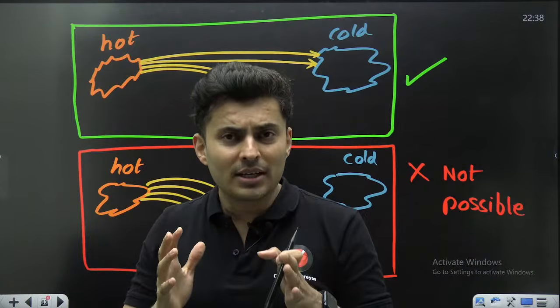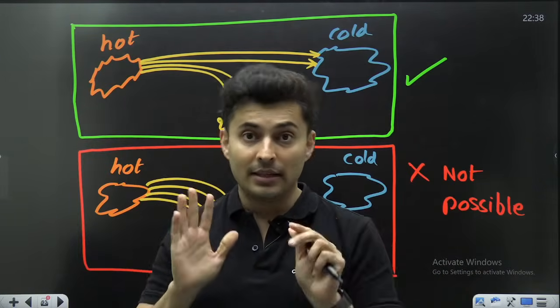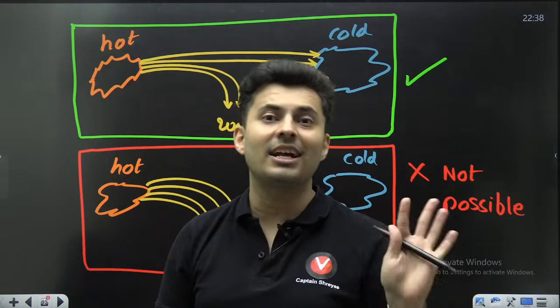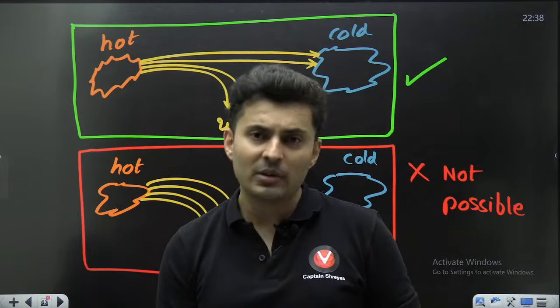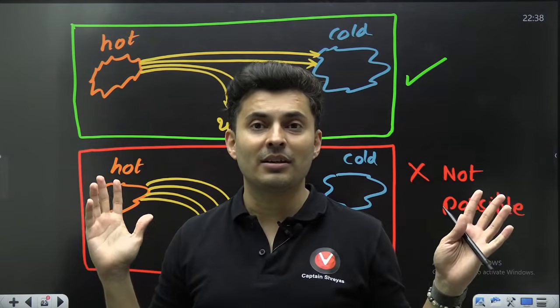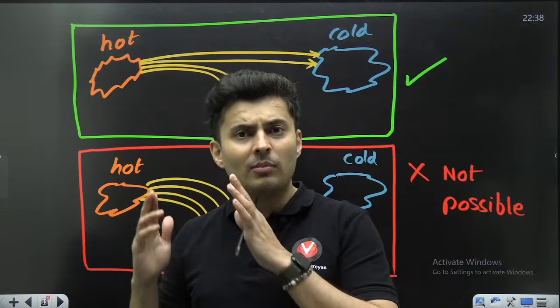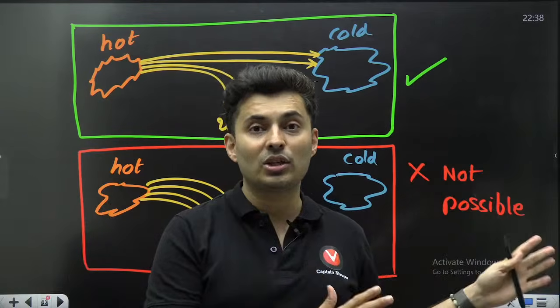So if you notice, whether the ball falls down or whether the ball goes up, energy is conserved. But only the first process happens naturally. You release it, it will fall down. If it is down, it won't come up, even if energy might be conserved. So this second law tells everything about the direction of energy, how the energy actually flows.